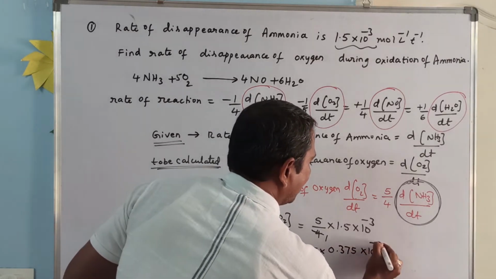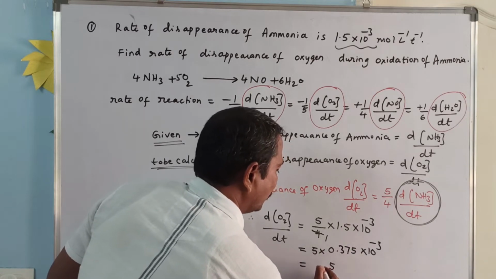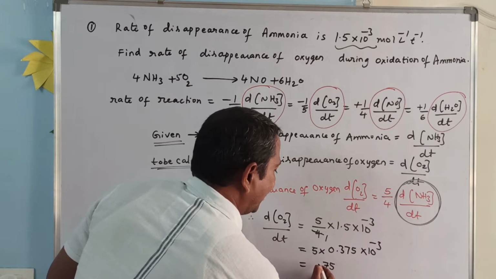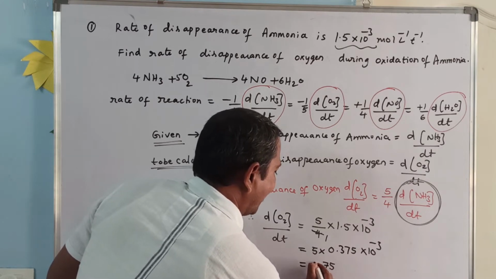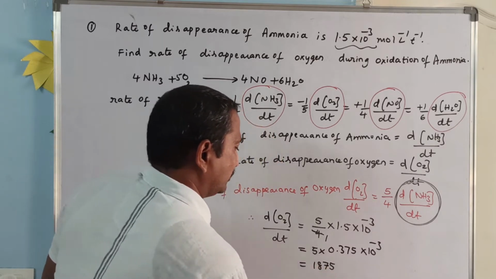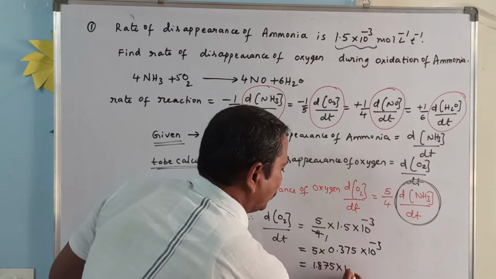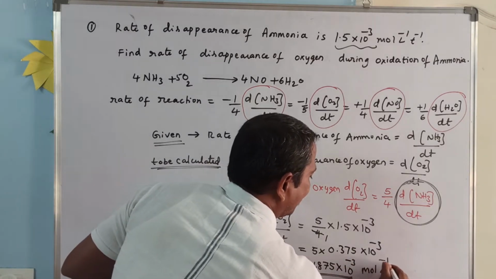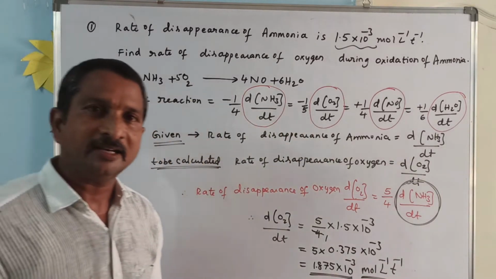Into 10 power minus 3. 5 fives are 25, 5 sevens are 35, 37, 5 threes are 15, 15, 18. That equals 1.875 into 10 power minus 3 mole per litre per unit time. This is the answer. Understood all of you?